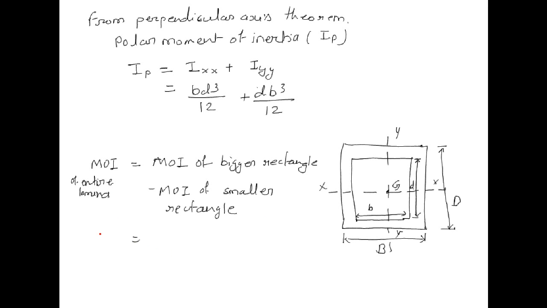So if we are denoting this by Ixx, the moment of inertia of this bigger lamina will be BD³/12 minus bd³/12. So this is the moment of inertia of this rectangular lamina which is having a rectangular hole about the axis xx. Again we can find out the moment of inertia of this entire lamina about axis yy also. So this was all about the moment of inertia for a rectangular lamina.